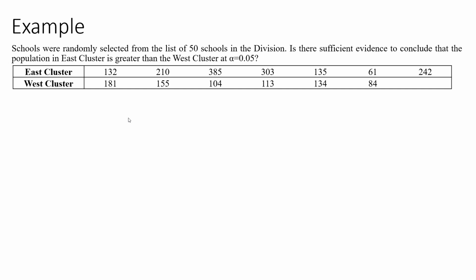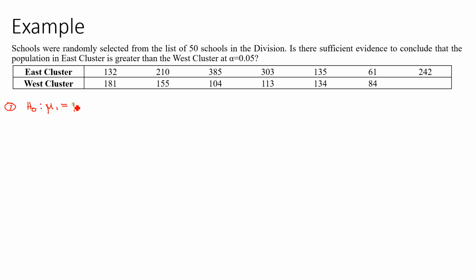For our solution, step one, we are going to determine the hypotheses. Our null hypothesis is that the population mean of the first group is equal to the population mean of the second group.